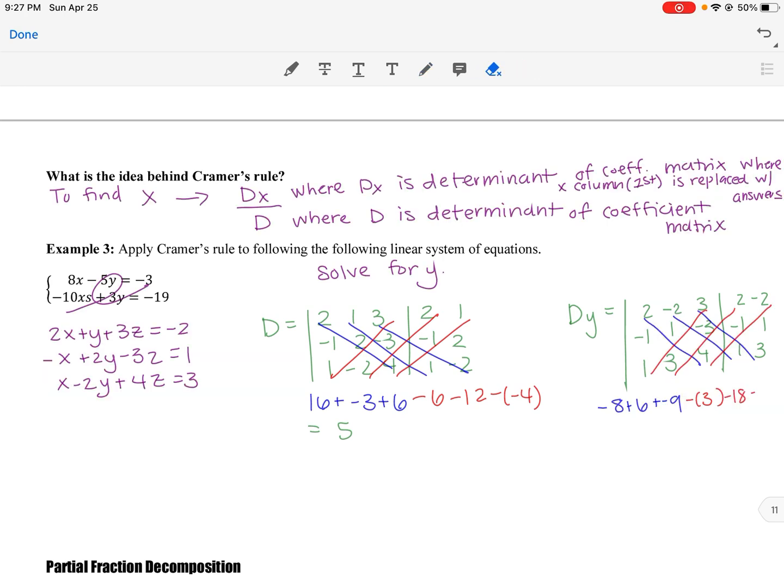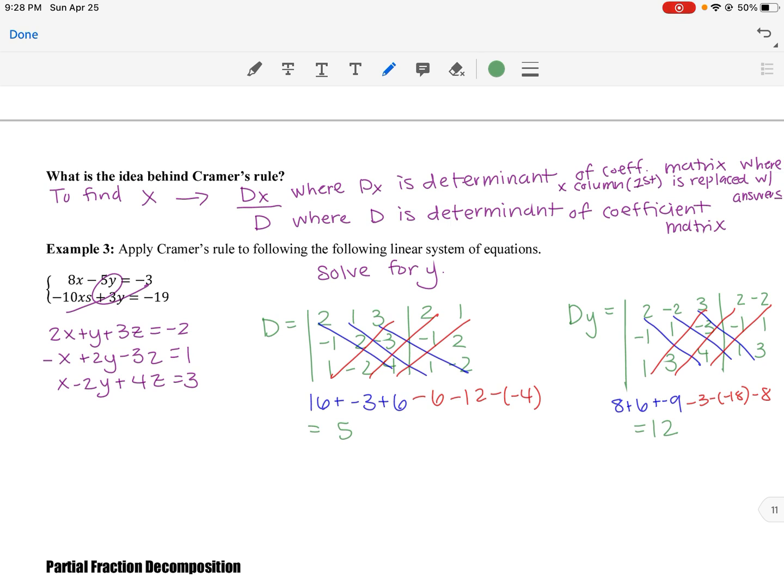Oh man. Okay, so it'd be minus 3 minus a negative 18 minus 8. This one at the beginning is a positive. So 8 plus 6 minus 9 minus 3 plus 18 minus 8. Okay, there we go. Now we're on track.